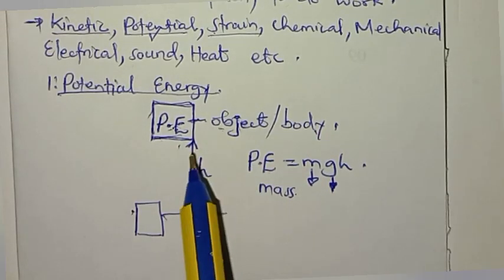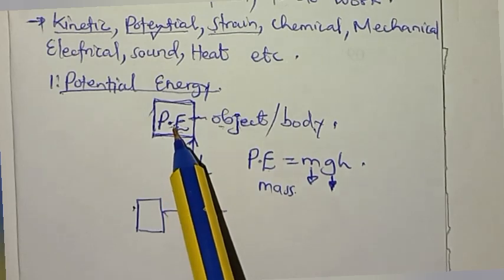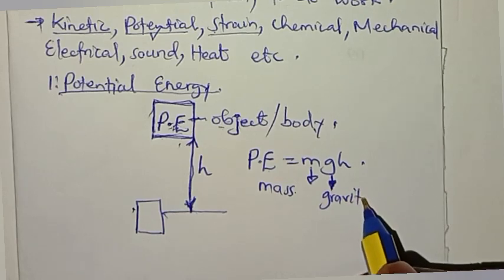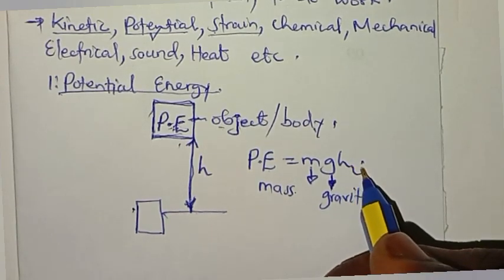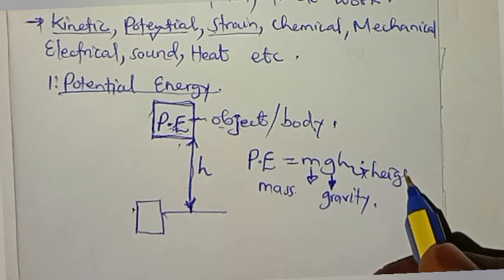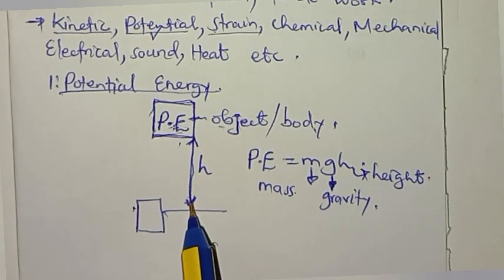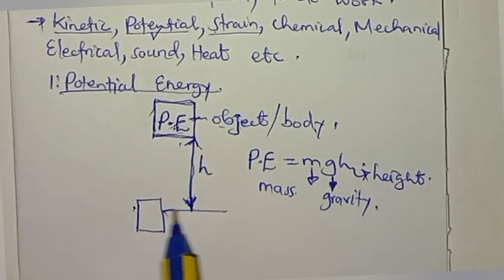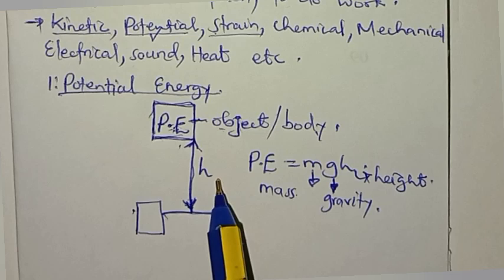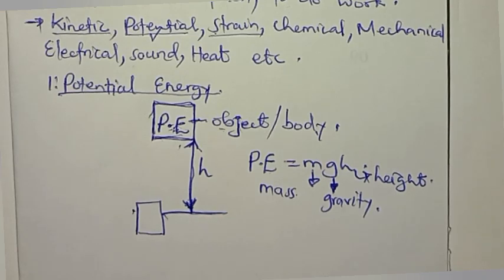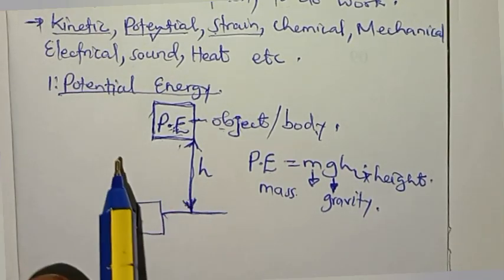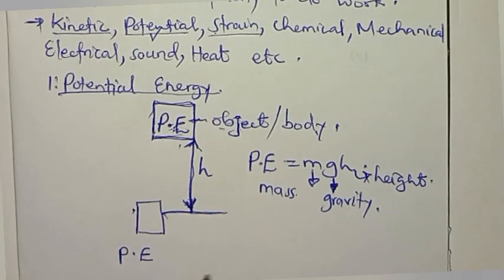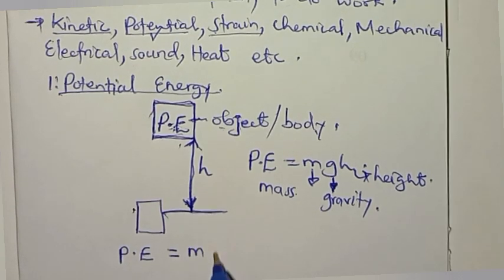A gravitational pull is exerted on this body at this point. So this is gravity, while h is the height, the distance where the body is placed in reference to the datum level. So the key thing under this point is to note this formula of potential energy, which equals mgh.